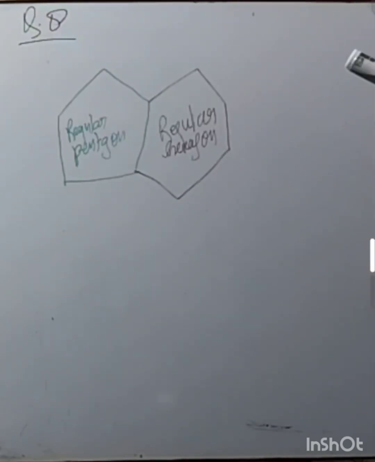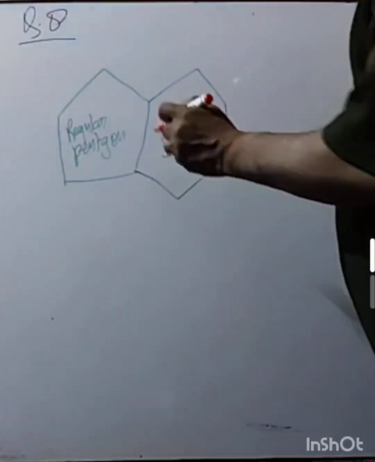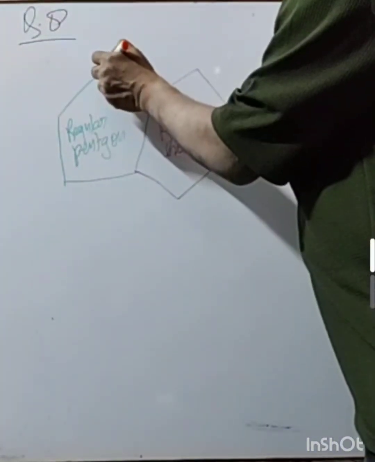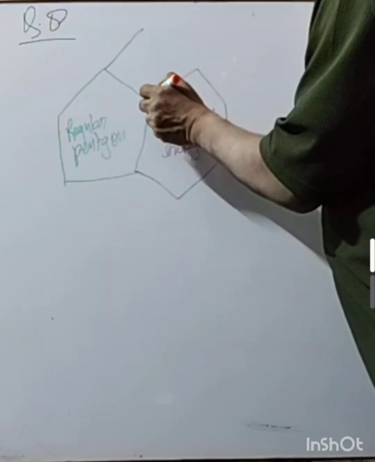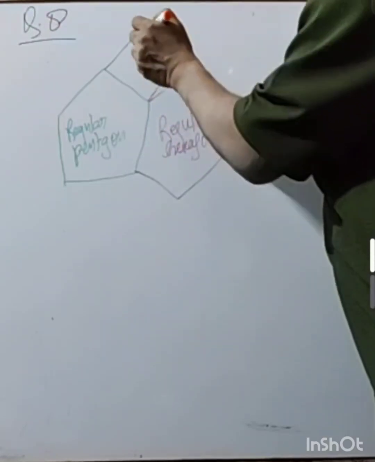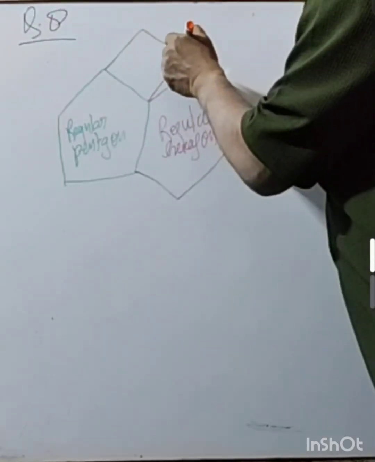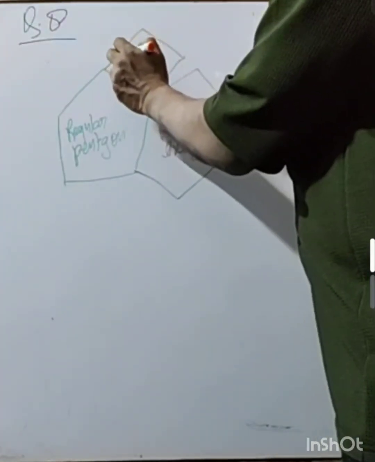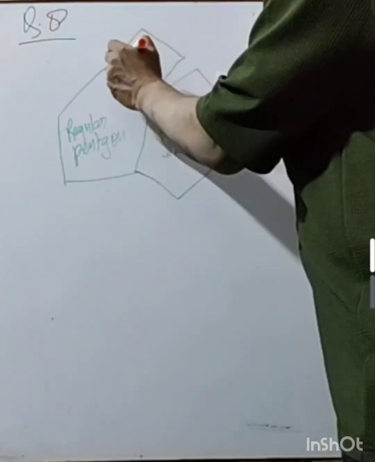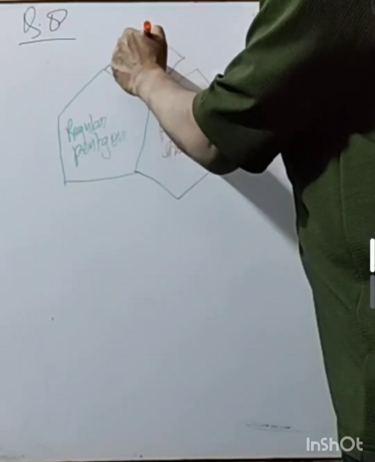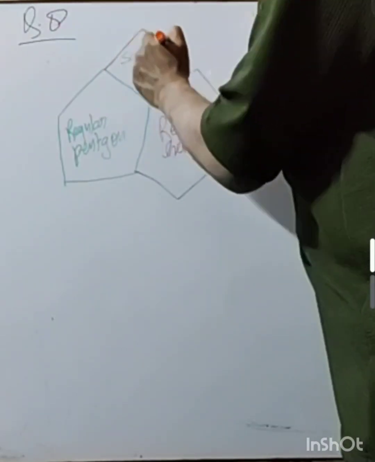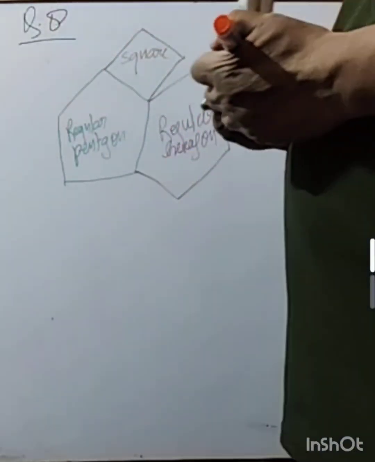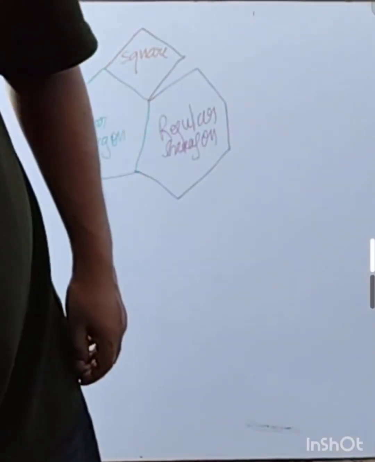And there is a square. Right? This is a square.